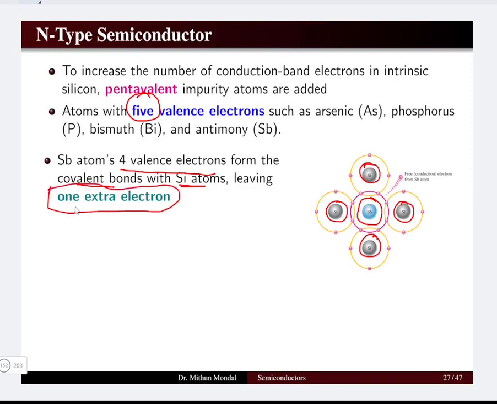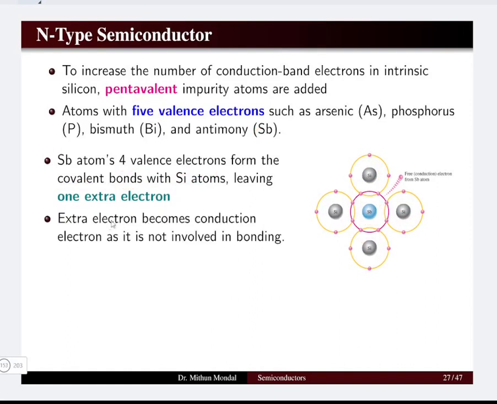So there is 1 extra electron present when the pentavalent impurity antimony is added to the silicon. This extra electron will take part in the conduction process as it is not involved in the bonding. There is no bonding of this 1 extra electron and it is free for the conduction process.